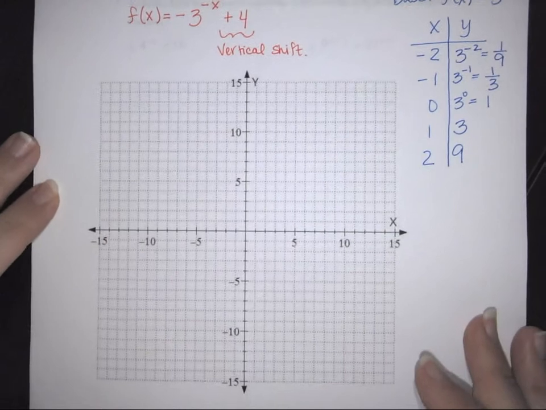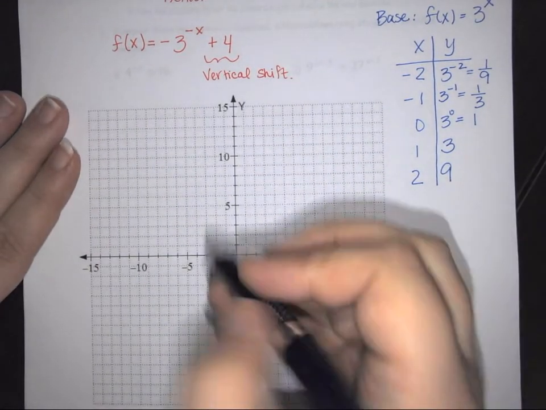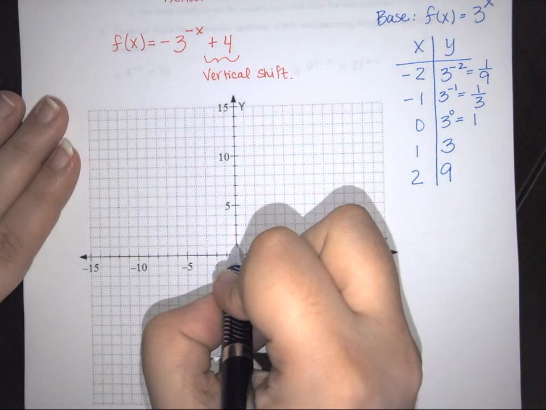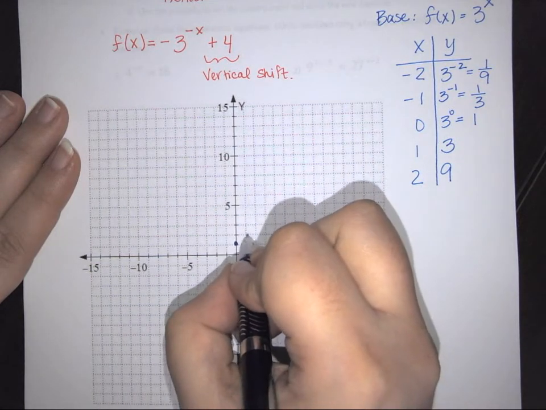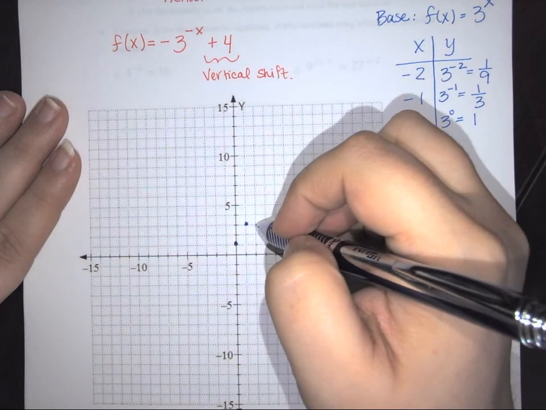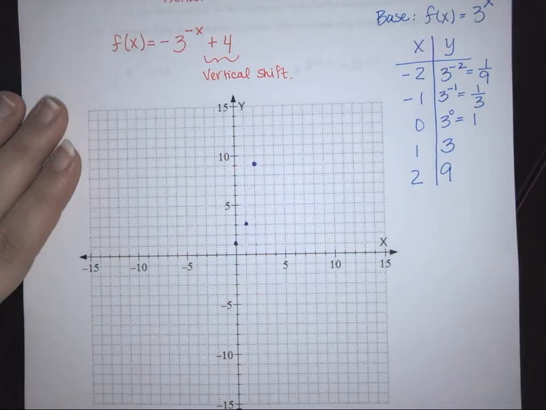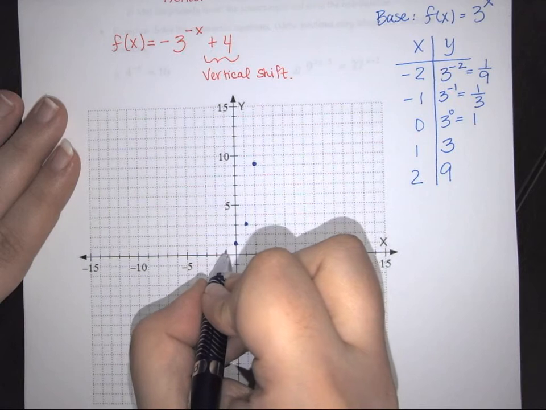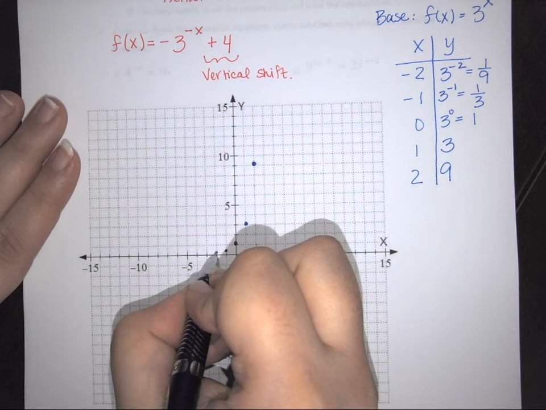So I'm going to go into my graph, and I'm going to graph my base function so I can see where I'm starting from. So here again, I would graph my whole numbers first. So at 0, I'm up 1. At 1, I'm up 3. 1, 2, 3. And at 2, I'm up 9. 1, 2, 3, 4, 5, 6, 7, 8, 9. At -1, I'm at a third. So we're down here. And at -2, I'm at a ninth.